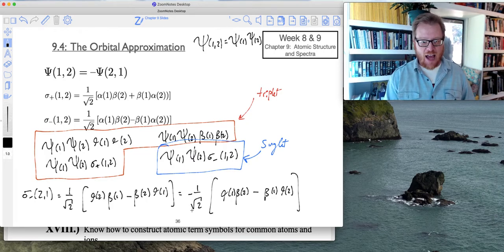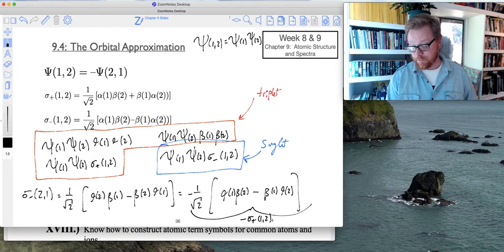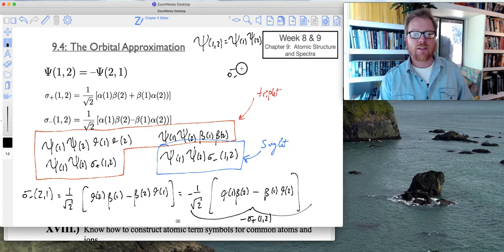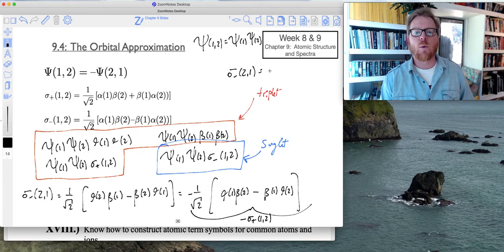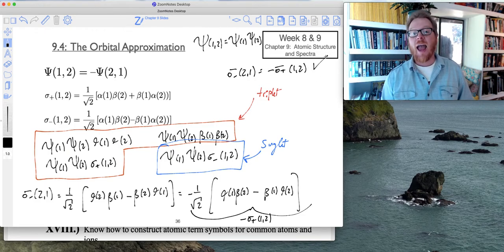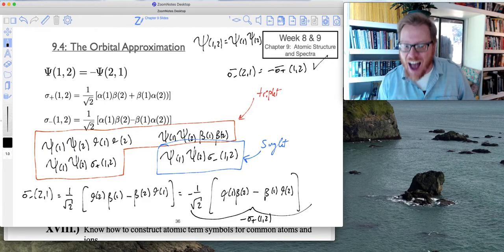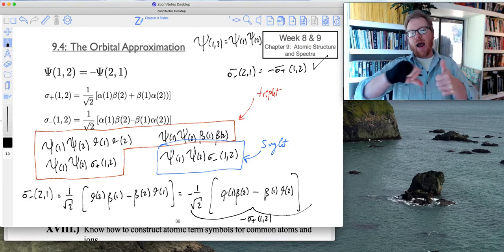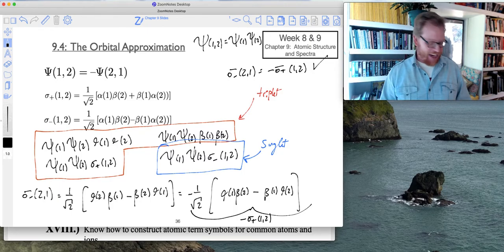And so as it turns out, all of this will just equal negative sigma plus 1, 2. So that means, let me rewrite that up here, sigma minus 2, 1 equals negative sigma plus 1, 2. And because that switches signs, that one is the only acceptable wave function to describe my paired up spin state.